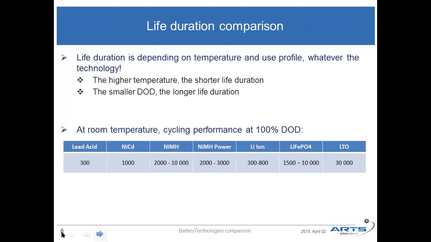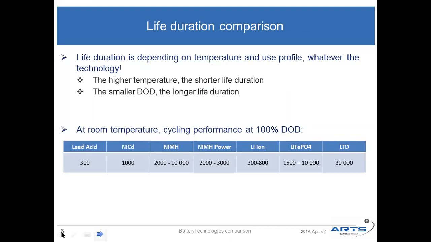Considering the life duration of the battery, it is very important to keep in mind that two parameters influence the life duration, and I would say this is true for every battery technology. One is temperature, and the other one is the depth of discharge, meaning the percentage of the available capacity that you are using during each cycle.